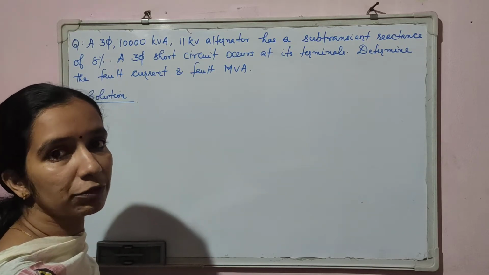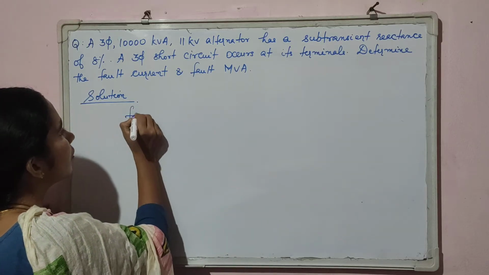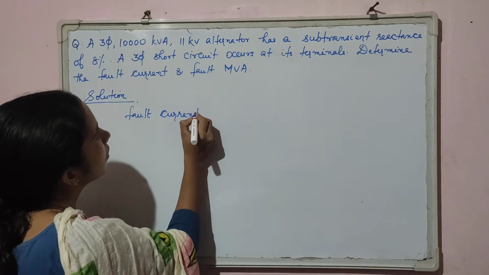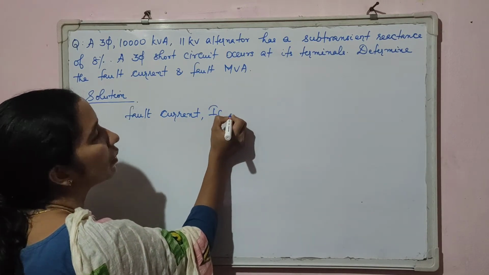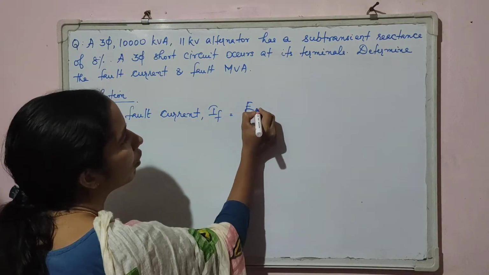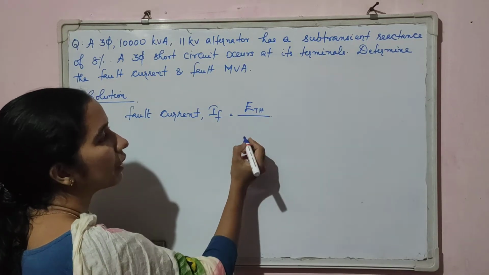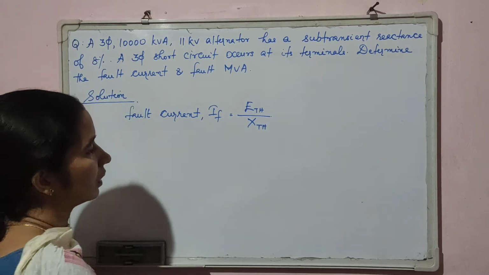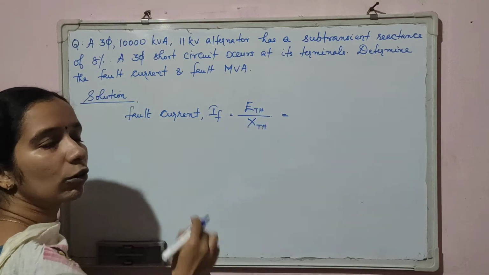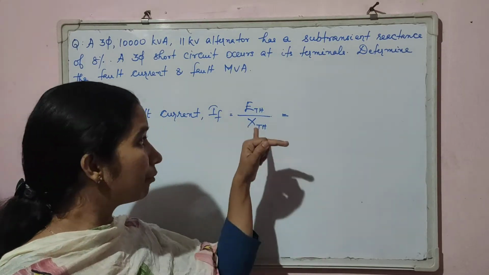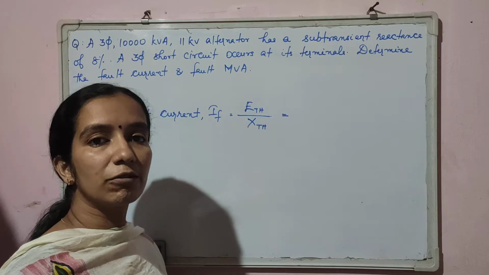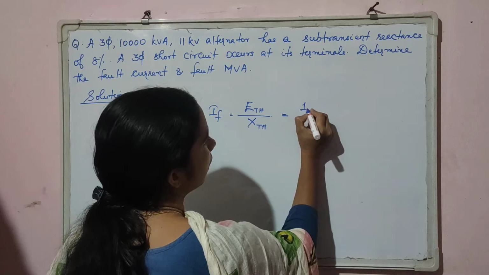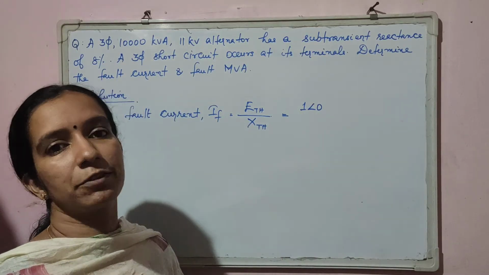So, we know the equation for fault current, that is IF is equal to the pre-fault voltage at the fault point divided by the Thevenin equivalent reactance. We will always consider the pre-fault voltage at the fault point, ETH, as 1 angle 0 unless otherwise specified.